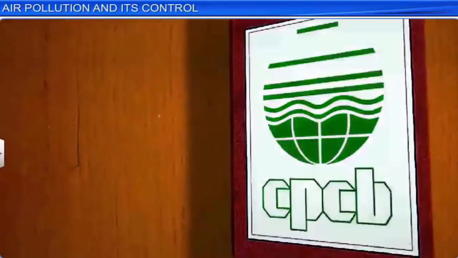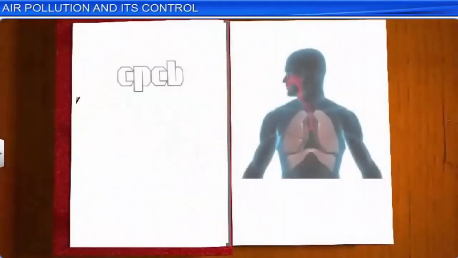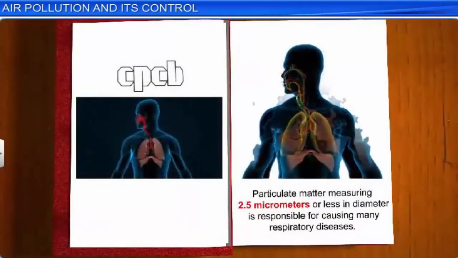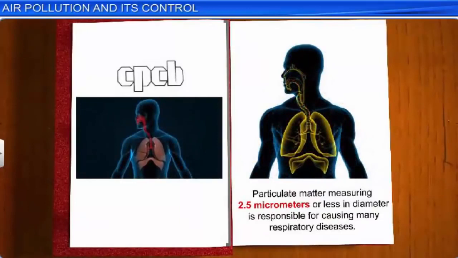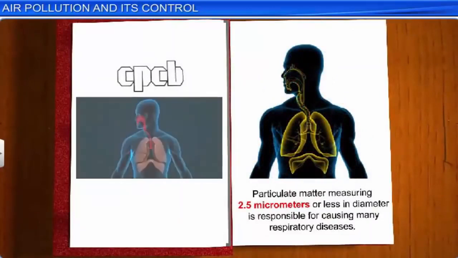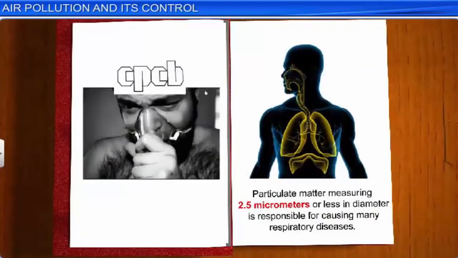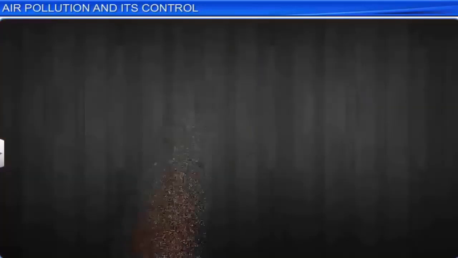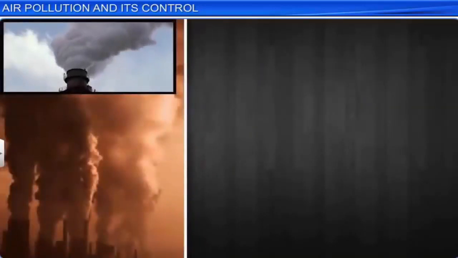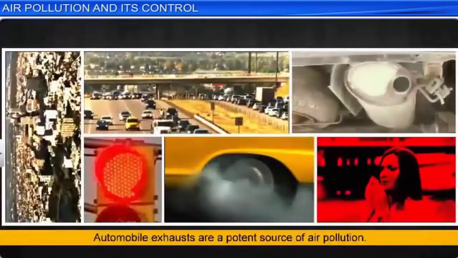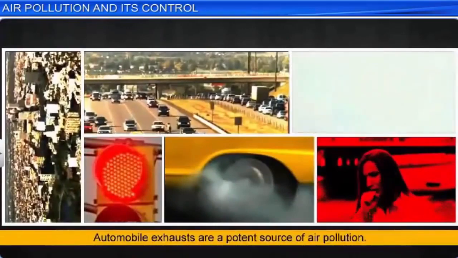According to the Central Pollution Control Board, or CPCB, particulate matter measuring 2.5 micrometers or less in diameter is responsible for causing many respiratory diseases. Apart from pollutants released from industries, automobile exhausts are also a potent source of air pollution.